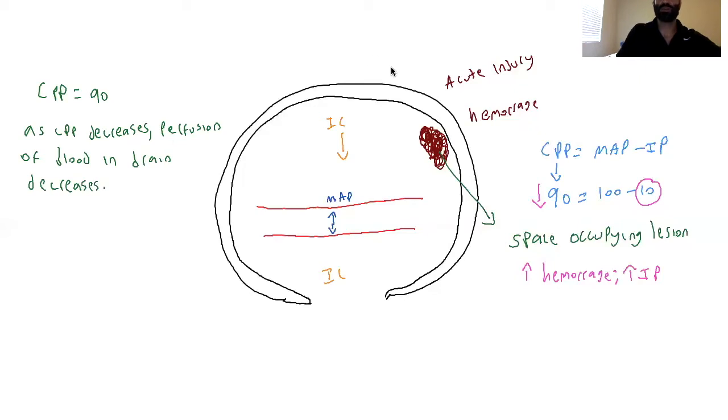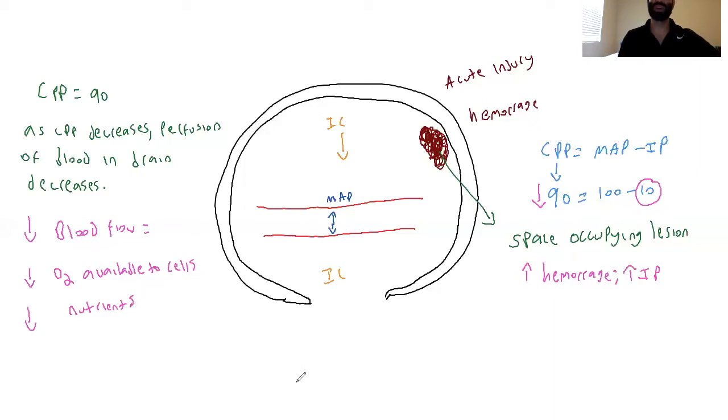So to break it down a bit, less blood flow results in less oxygen available to cells, less nutrients available, and the brain is one of the organs that really does not like to be deprived of oxygen or nutrients, and its function is going to be inhibited.